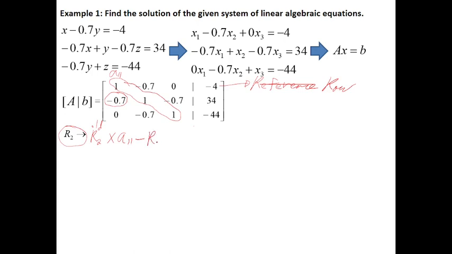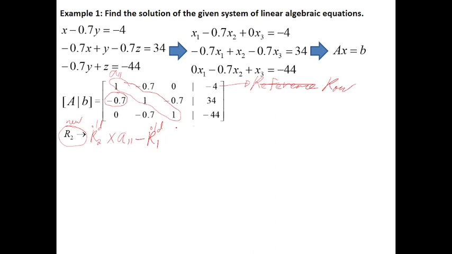Therefore, this will be R1, because if A11 is in the first row, this will be R1. So this is the old, or original, elements. By the way, R2 here will be the new elements, such that negative 0.7 will become 0.